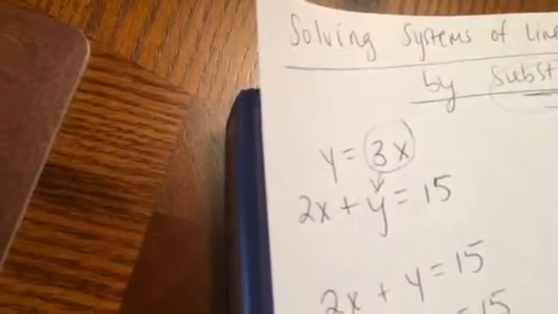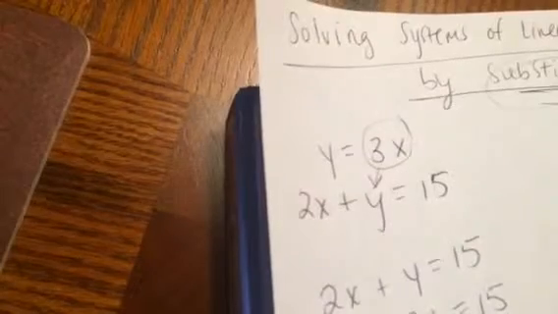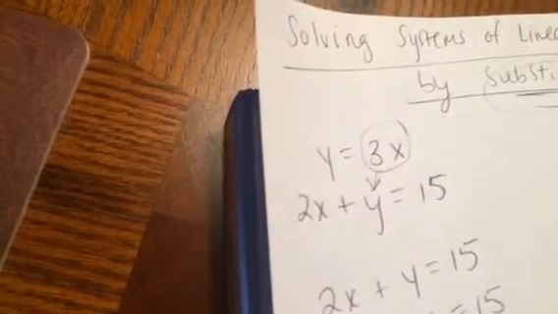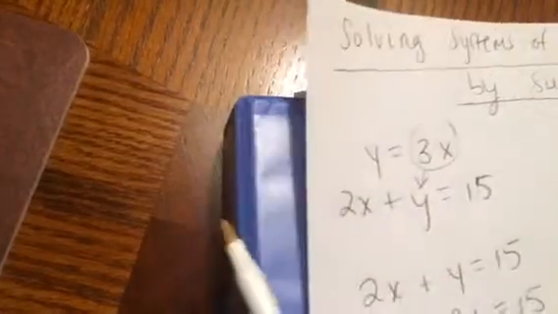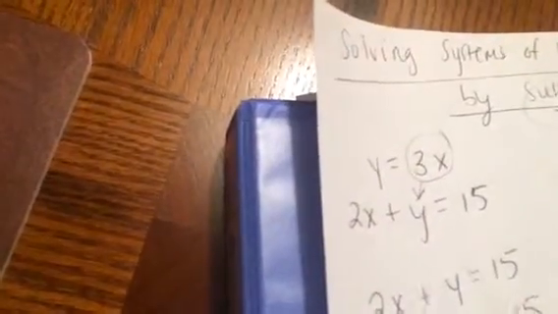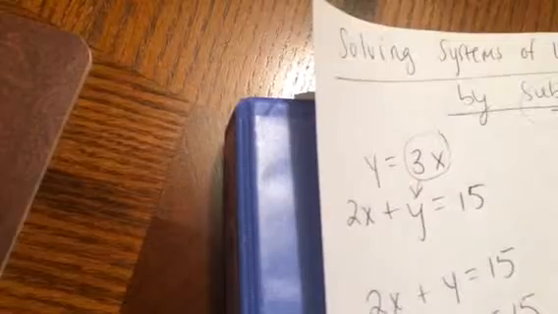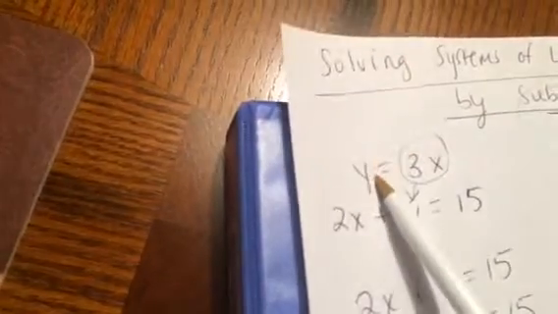It doesn't matter which equation you choose to plug in x for, but let's keep it easy for ourselves. We might as well plug it into this one up here, because we're looking for the value of y. We have y equals 3x. We know that x equals 3, so let's plug it in.